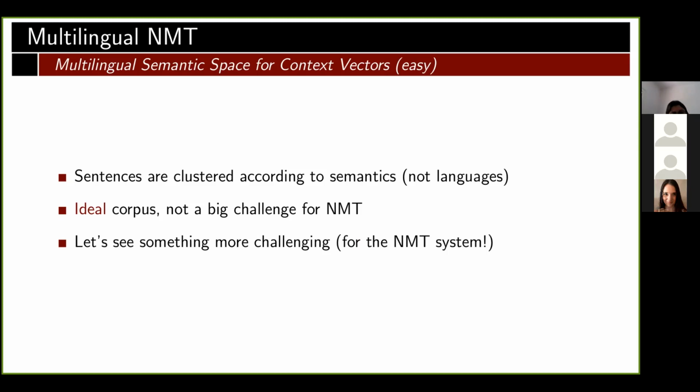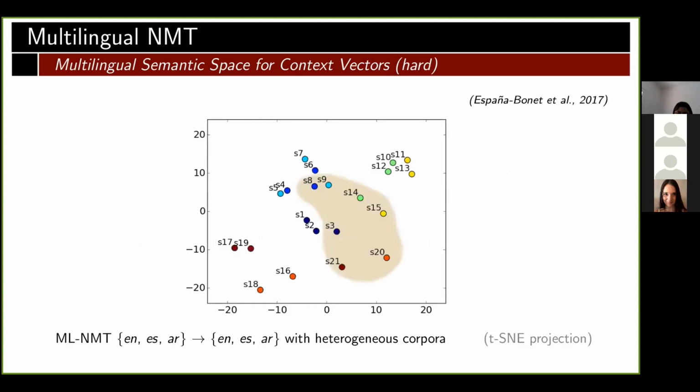And the domain is really very similar, even if it's not parallel for all the sentences. So the similarity between the data is really high. This is what we have seen before with unsupervised neural machine translation. This is the case where unsupervised machine translation was working best also, when all the data were of the same domain here. So let's see what's happening when the problem is a bit more challenging.